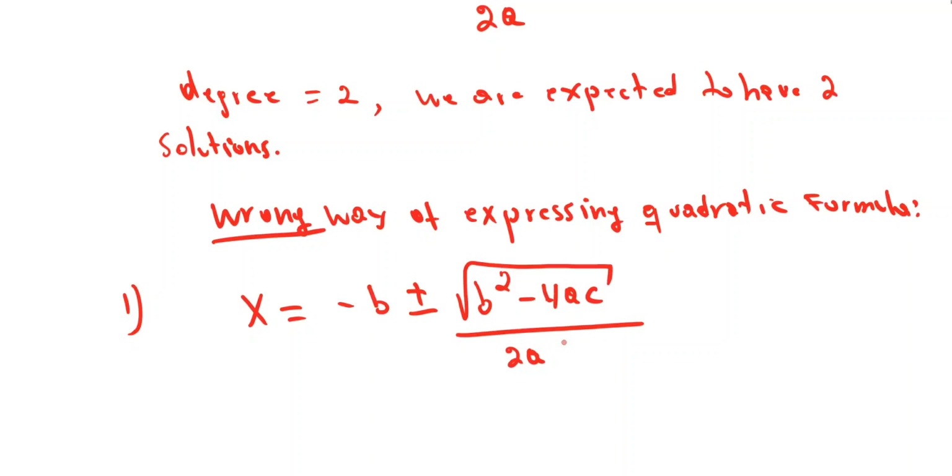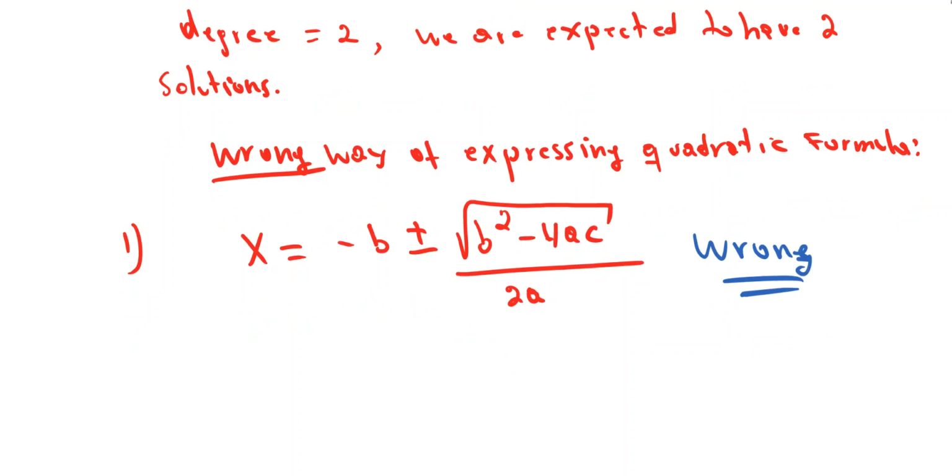So the 2a is just dividing the square root of b squared minus 4ac. So there is already a mistake here. This is not right. This is wrong. What you need to do is extend the bar so that you divide the whole thing by 2 times a.